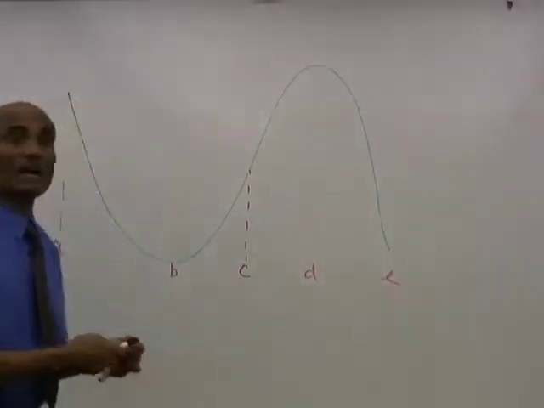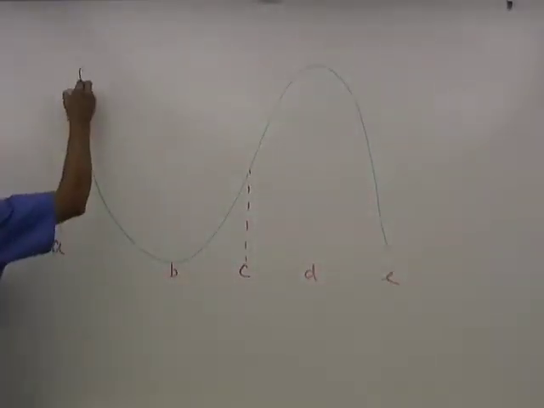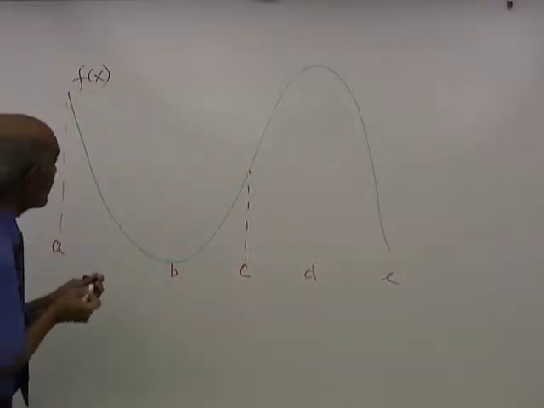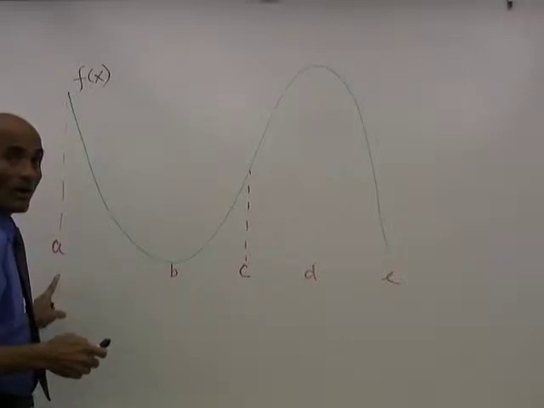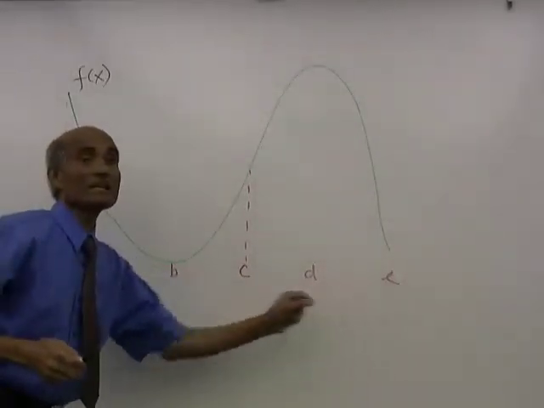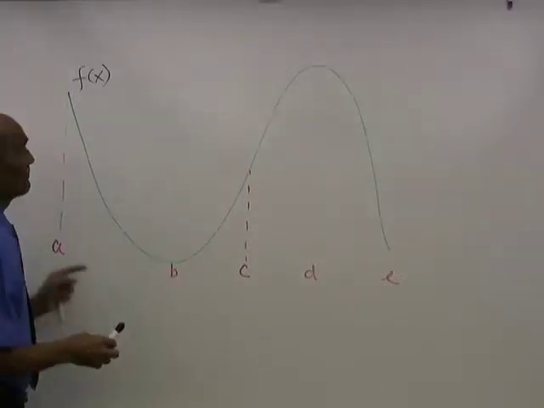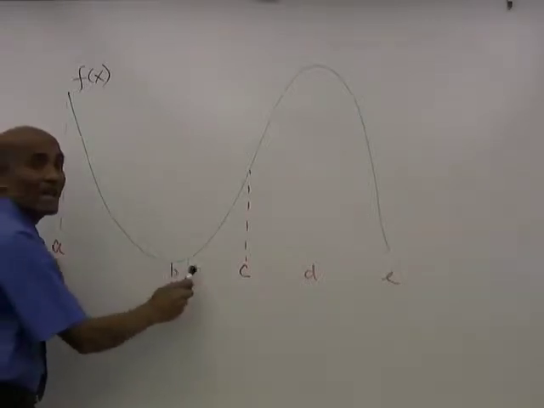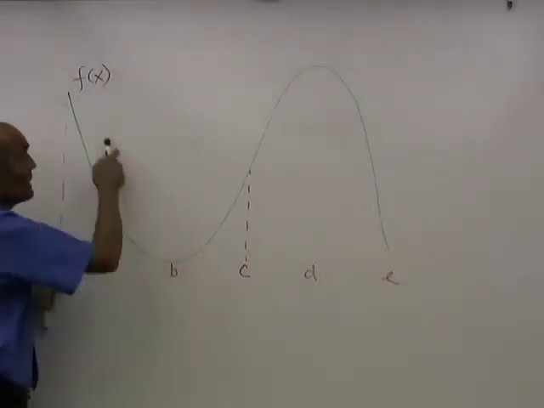Alright, look at the graph of this function. This is the graph of f of x. Can you talk about this? Now, I have marked the x values, a, b, c, d, e. Alright, tell me, what is the behavior of the graph of this function from x equal to a to x equal to c?